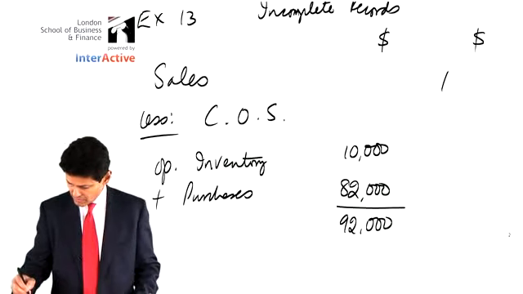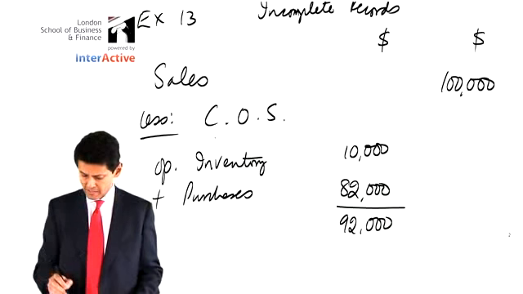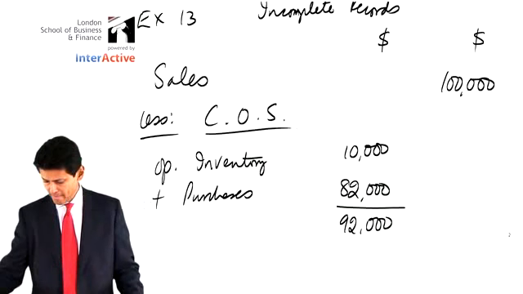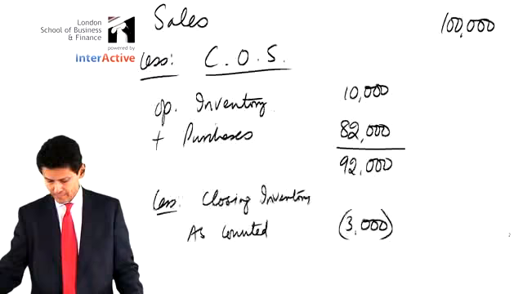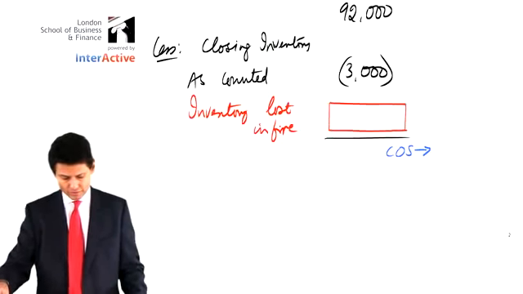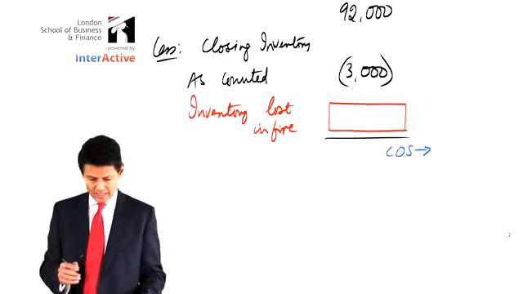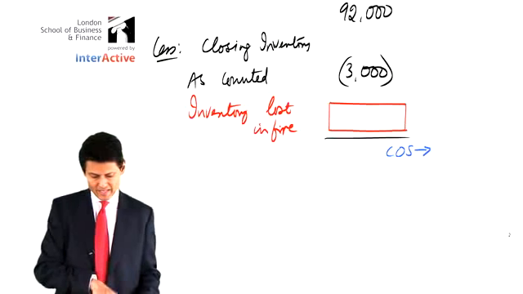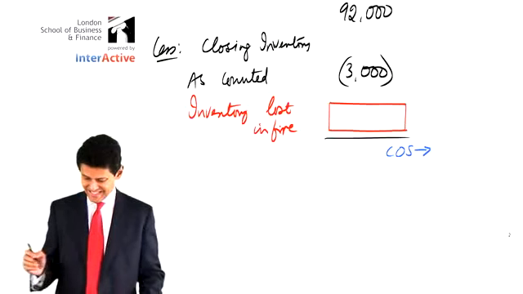So this figure is said to be 100,000. Sales less cost of sales. Now the cost of sales has got lots of parts to it. Opening inventory plus purchases less closing inventory. The cost of sales, be careful, is said to be 80% of the selling price.